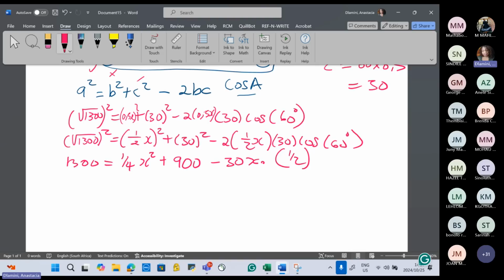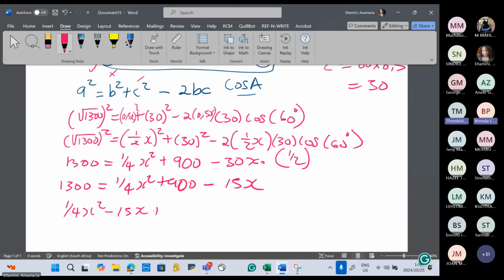Okay, so now this is 1300 equals 1 over 4 x squared plus 900 minus 15x. So let's simplify.